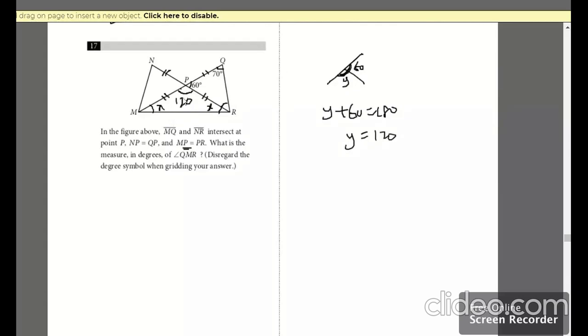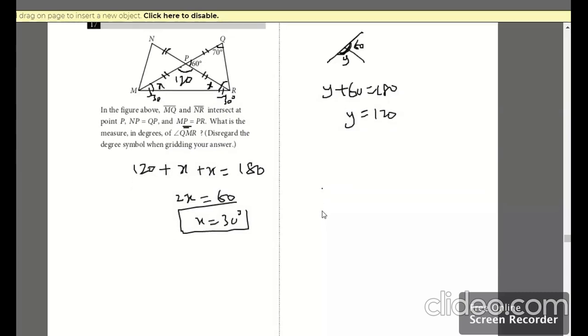Now as I said, since these two are equal, we have two equal angles. We know the triangle angle sum property: 120 plus 2x is 180. So 2x is equal to 60, so x is equal to 30. It means this angle is 30 degrees and this angle is 30 degrees, which implies my angle QMR is going to be 30 degrees. That is how you solve it.